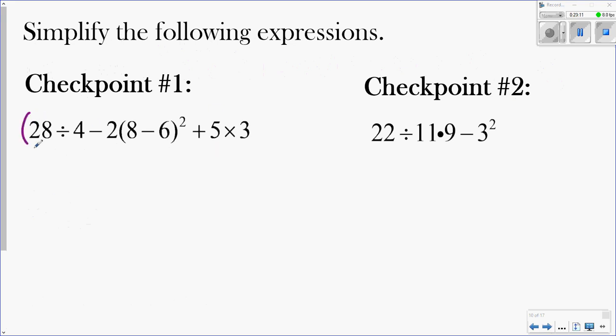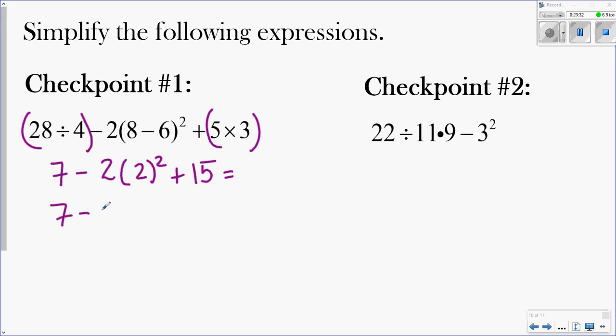Alright, so I'm going to start grouping what needs to be grouped. So anytime you see division or multiplication, you just group that. And now we start working with the parentheses. So this one is 7 minus 2. This one will give me 2 squared, and then this is 15.